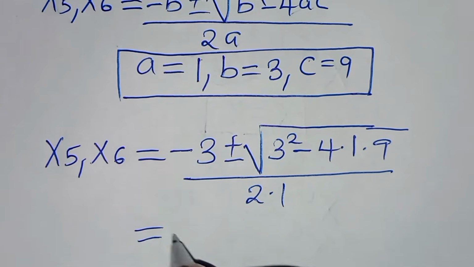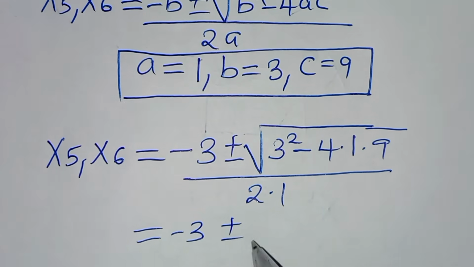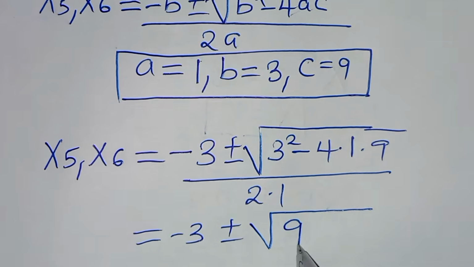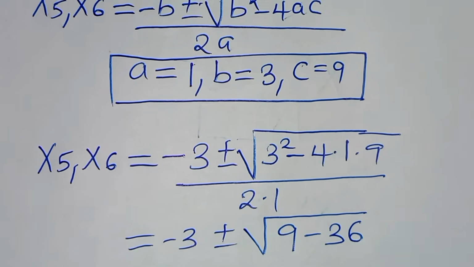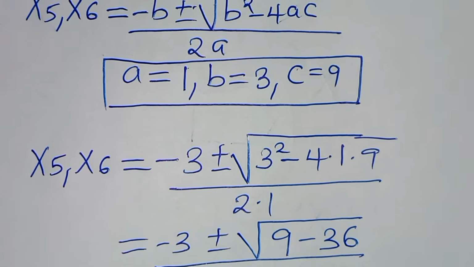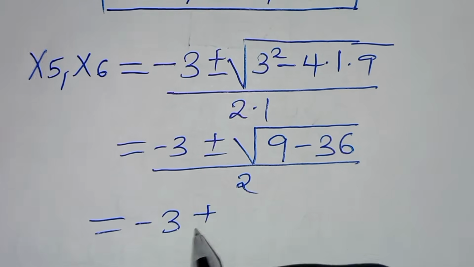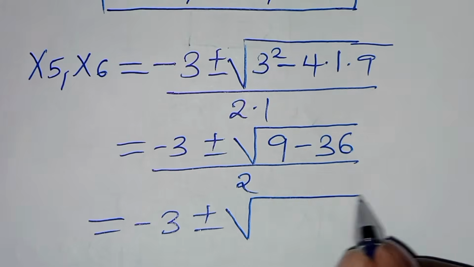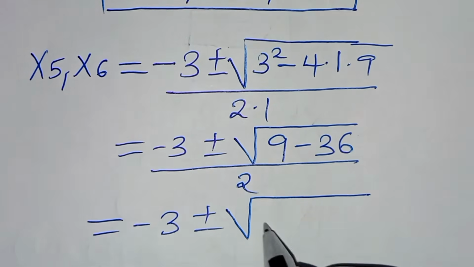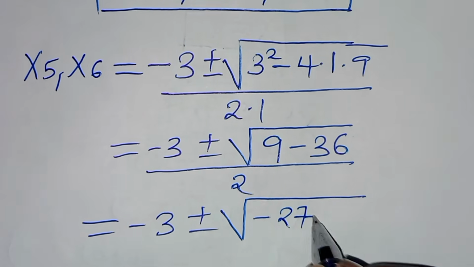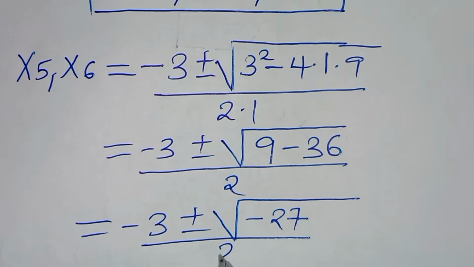So here we have minus 3 plus or minus the square root of 9 minus 36, all this divided by 2. So this implies that here we have minus 3 plus or minus square root of 9 minus 36, this is minus 27, all this divided by 2.